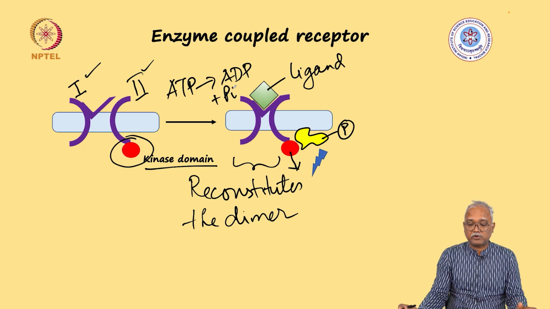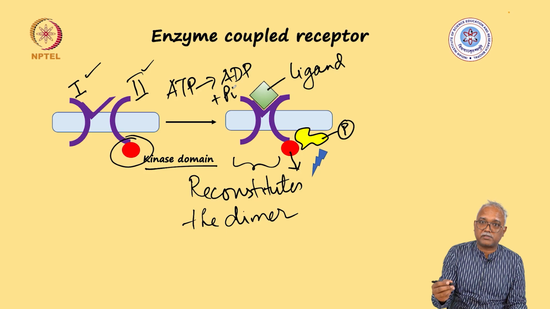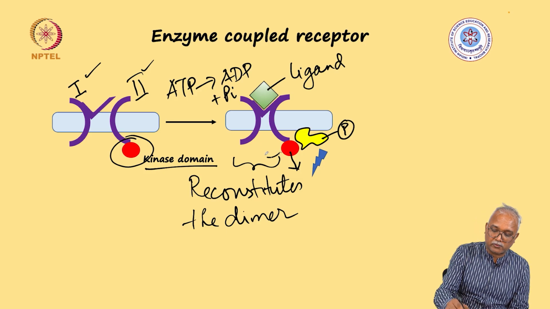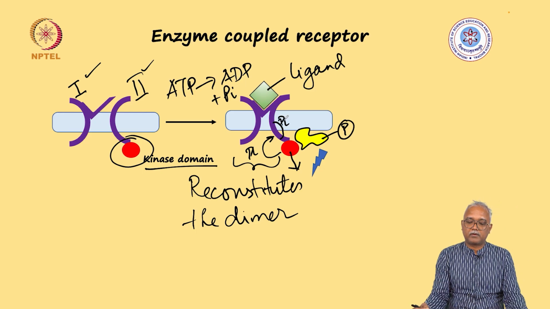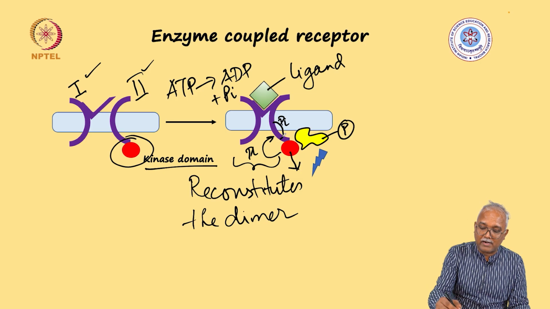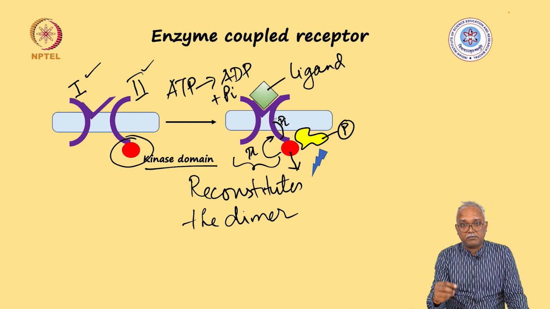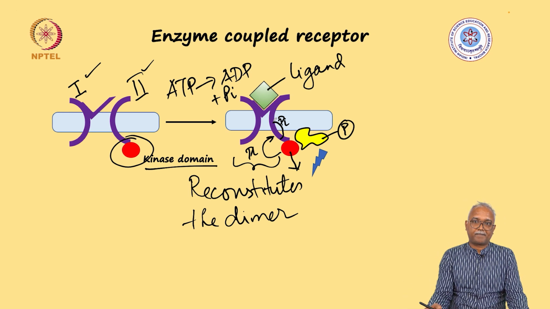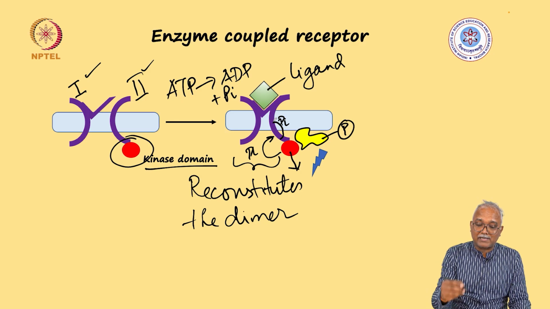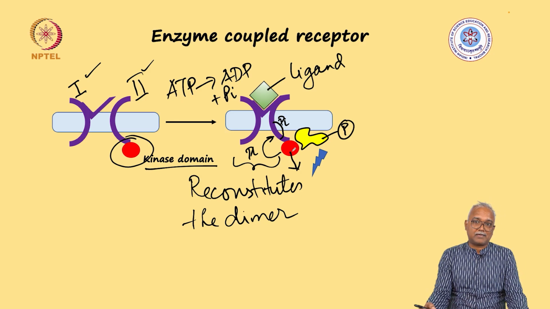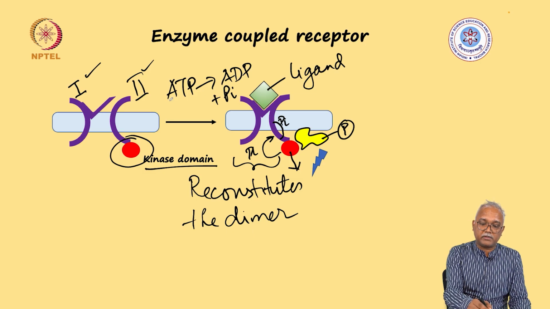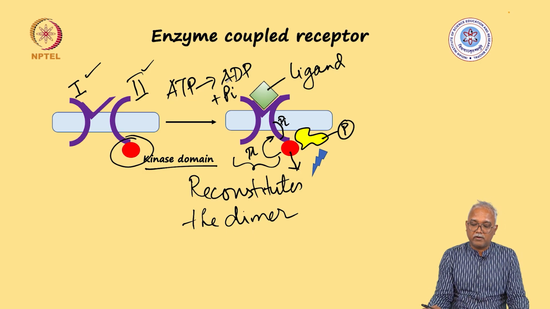And one of the first things which is seen often in most of these receptors is that they phosphorylate themselves at multiple residues. Don't be confused here that it is phosphorylating a residue which is in the membrane. I am trying to show that at multiple locations the receptor itself can be phosphorylated, and that activity continues as long as the receptor is active. So it will keep utilizing ATP and converting it into the phosphate group.